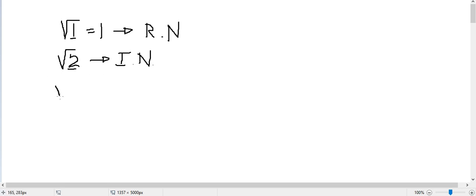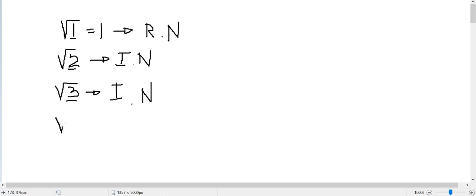How about square root of 3? The radicand of the square root of 3 is 3, and 3 is not a perfect square. Therefore, square root of 3 is an irrational number.